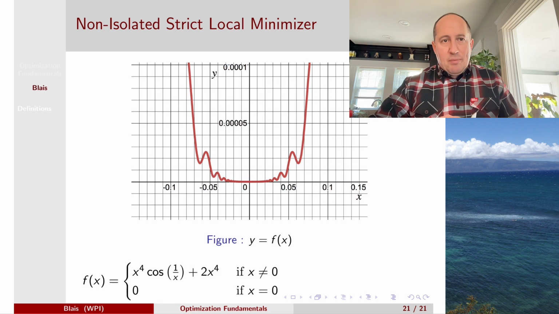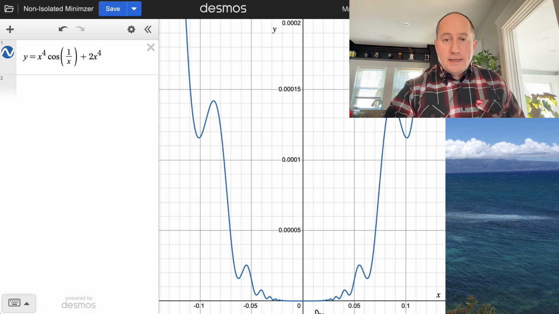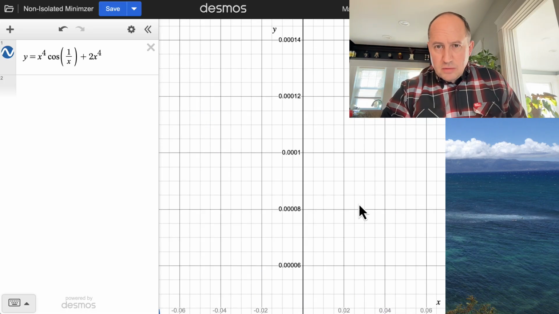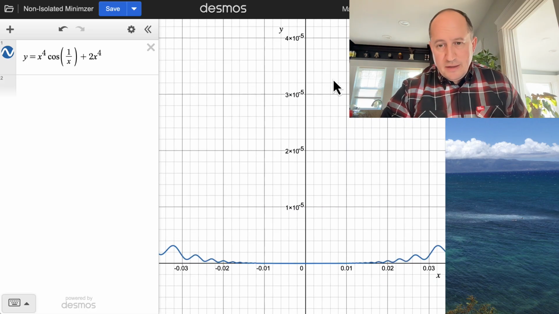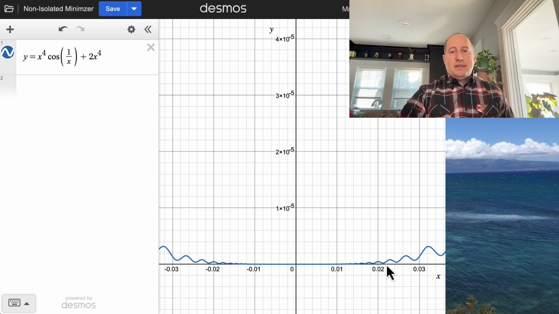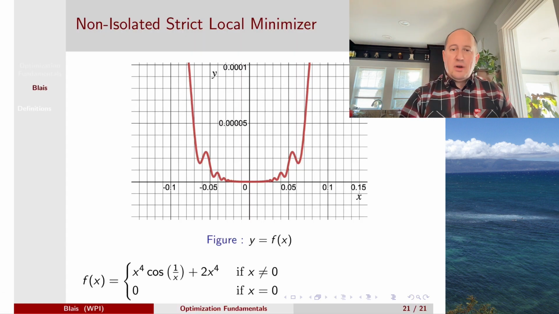If you try to zoom in, so now we look in Desmos, let's zoom in. That neighborhood's not going to work either because you have all these other local minimizers in here. What if we try and zoom in again? We can keep doing it, and we will always have the presence of these other local minimizers in any interval containing x equals 0. And so because of that, it's not isolated.